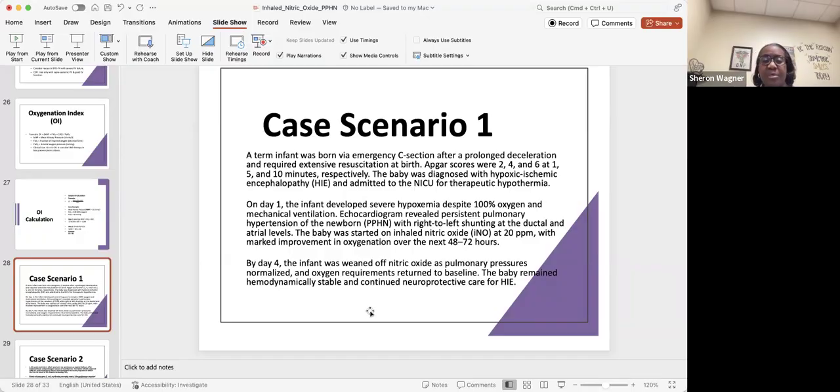This baby may have been given sedation, most likely, as well as inotropes such as dopamine, dobutamine, whatever pressors that you use to maintain normal blood pressures.